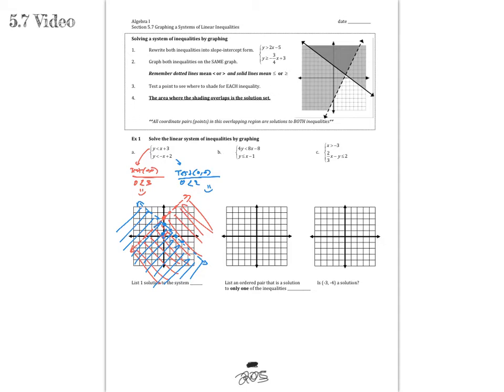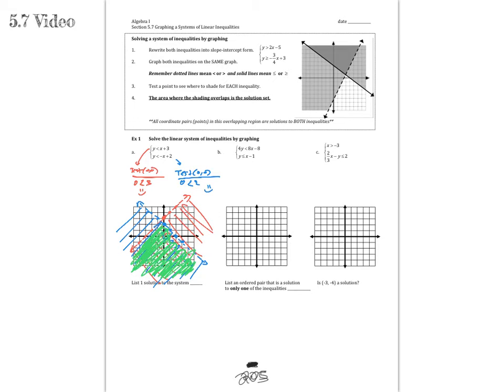Notice when you do this, you end up with these 4 sections: top, right, bottom, and left. The section that I shaded twice is the bottom. So to finalize this, we darken in and shade in that section completely, like that. Every point in that section is a solution to this system.